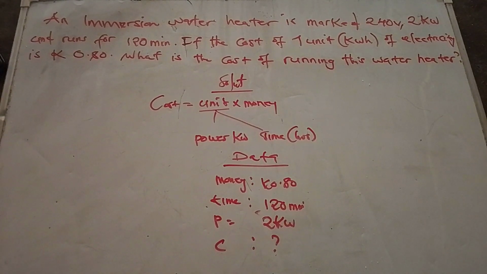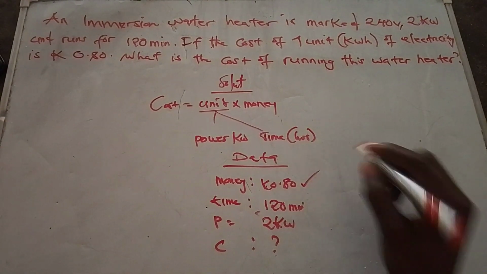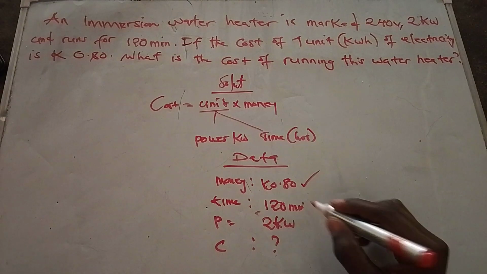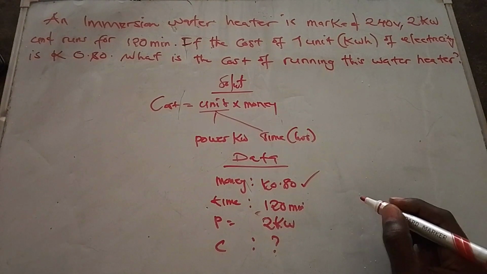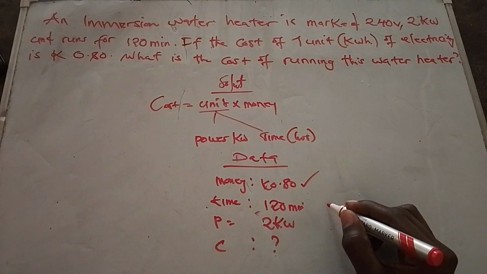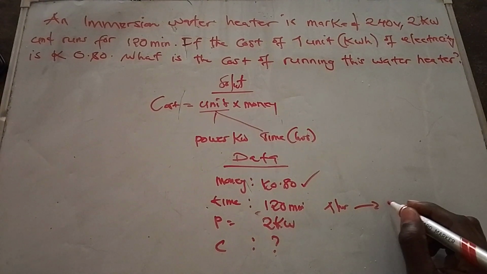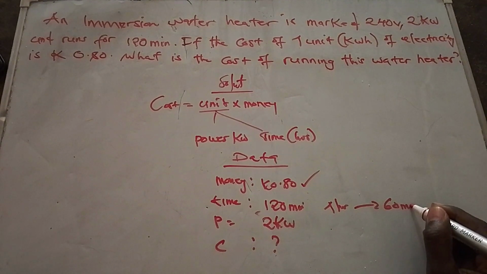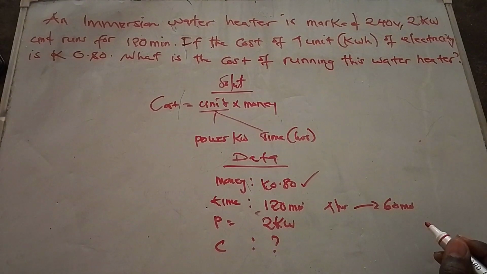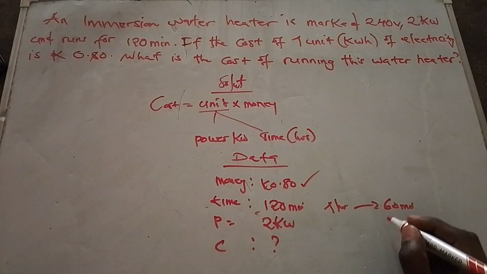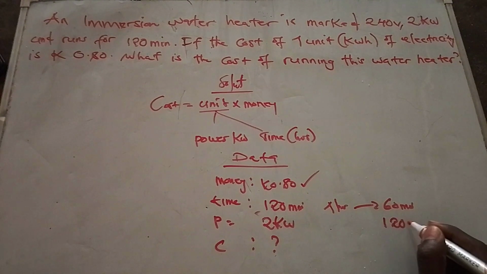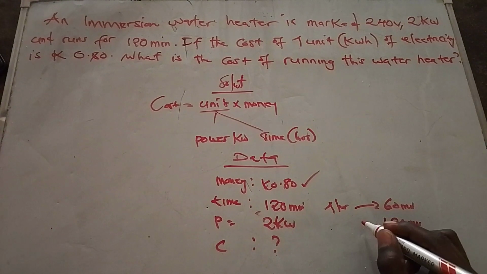So the first thing here, since money is in kwacha, which is fine, now we need to convert time into hours. We'll say 1 hour is equivalent to 60 minutes. Then we have 120 minutes, so minutes to minutes.